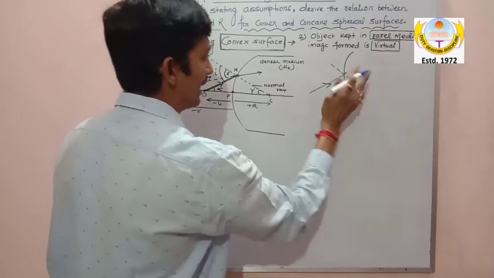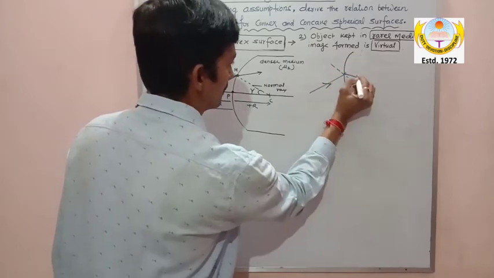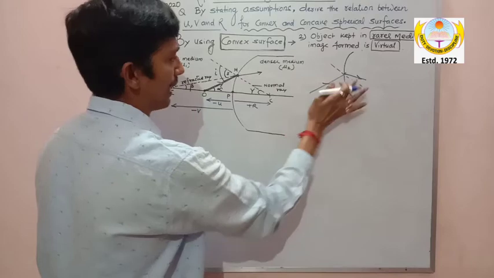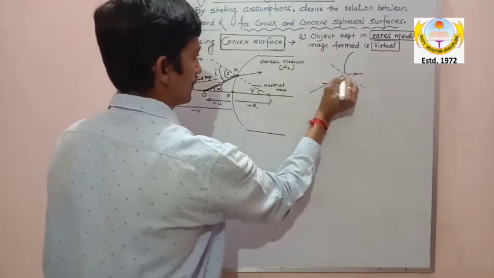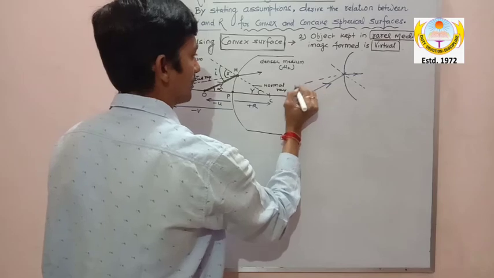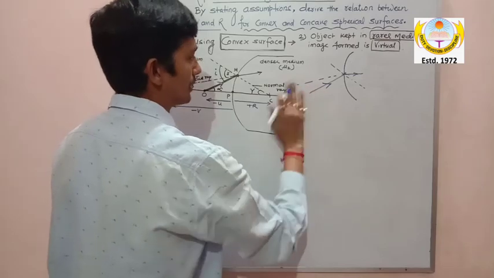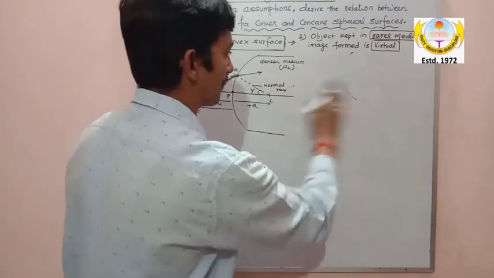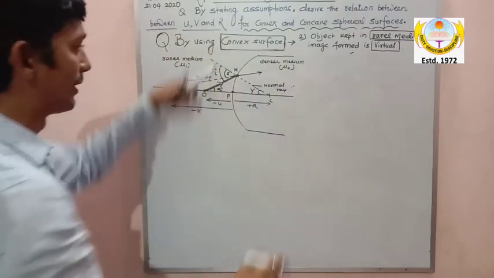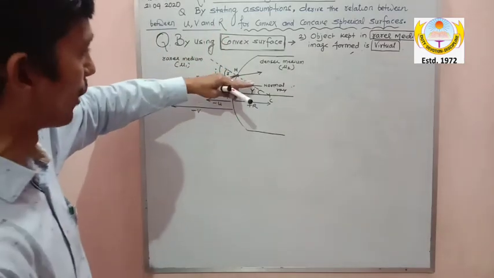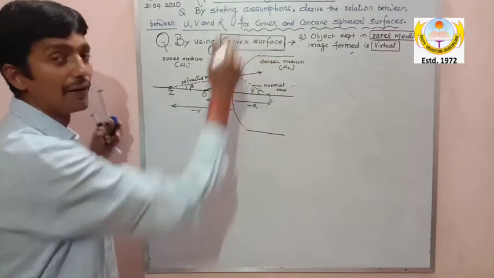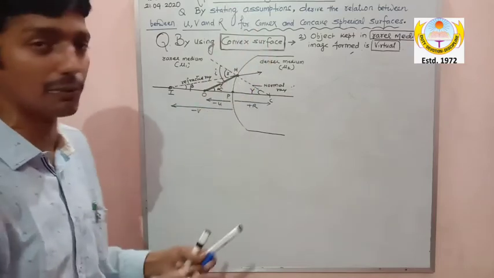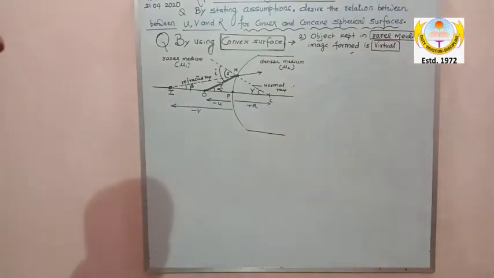But you can see it is bending this way, so it will come at the back and meet on the principal axis. Please see the diagram carefully: it is bending towards the normal. If I move the ray this way, then it would bend away from the normal, but right now it is bending towards the normal.